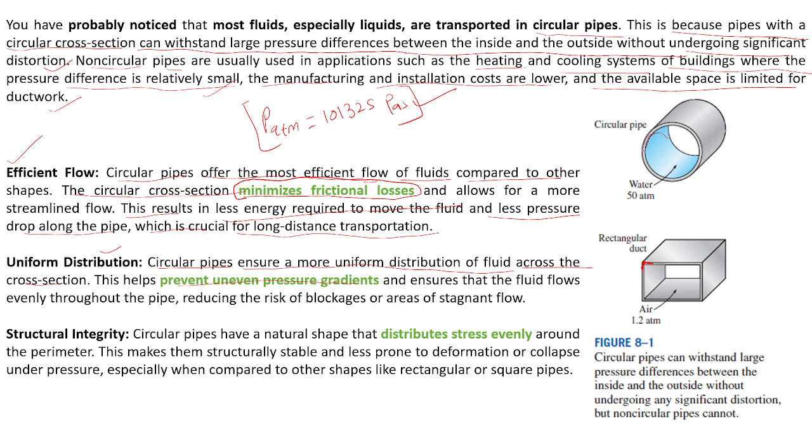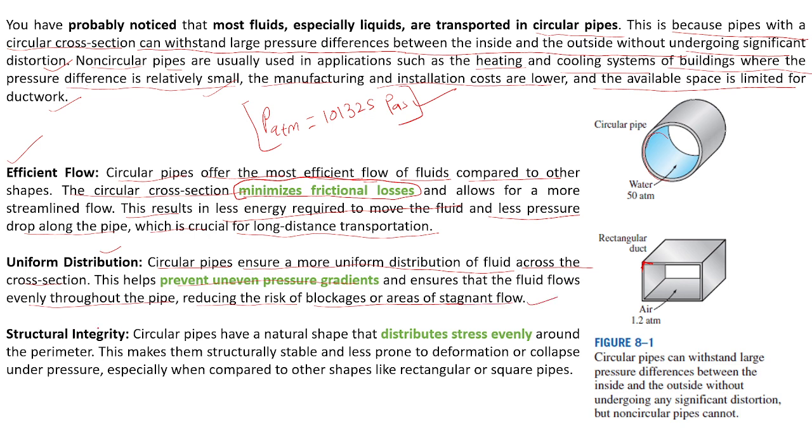Throughout the section the pressure gradient is the same, but not in the case of the rectangular duct. This is the reason for the even pressure distribution in the circular pipe: the cross section is very smooth, there is no corner. It ensures the fluid flows evenly throughout the pipe and reduces the risk of blockage or areas of stagnant flow. So this is very important.